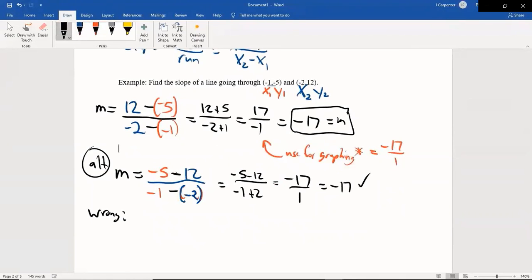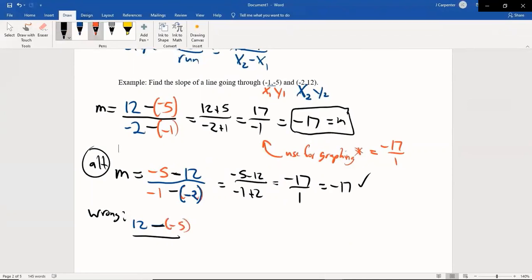Let's say we're just throwing caution to the wind and not caring about the order of the 1s and the 2s. So in the top one, I'll do y2 minus y1. So y2 was the 12 minus y1 was the negative 5. Then over, so I'm going to go 2 minus 1 in the top, but I'm going to make a mistake, and I'm going to do 1 minus 2 in the bottom.